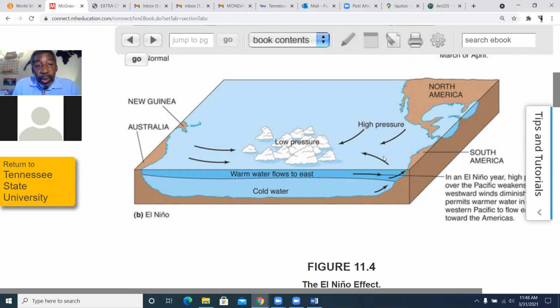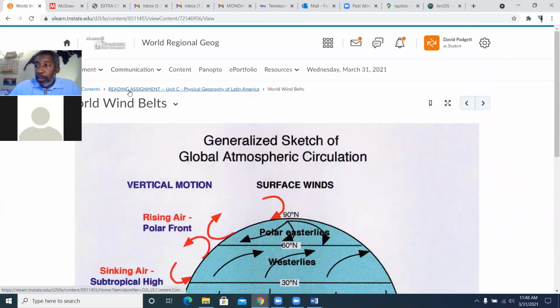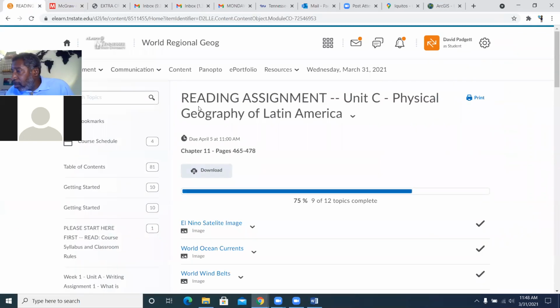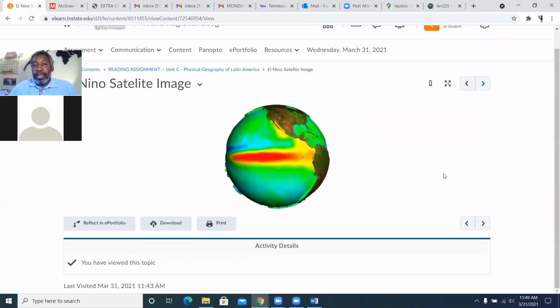And so that's one of the problems that's associated with El Nino. Now, fortunately, as I showed you, we have the ability to predict the onset of El Nino using remote sensing technology.